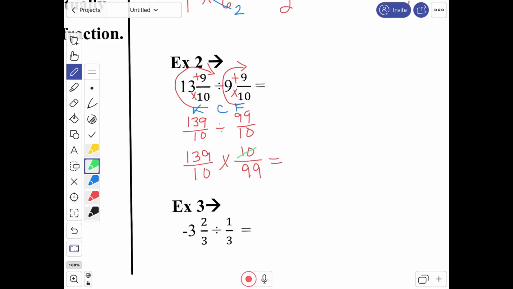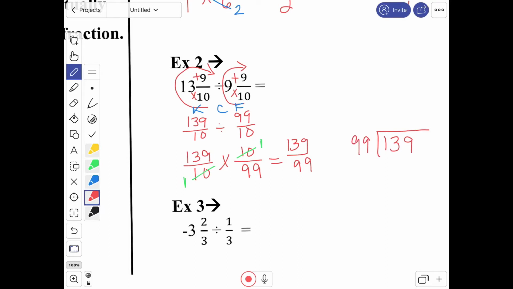And again, I see something I could simplify. I can simplify 10 and 10 because they will both divide by 10. 10 divided by 10 is 1, and this 10 divided by 10 is also 1. And then I can multiply straight across. 139 times 1 is 139. 1 times 99 is 99.